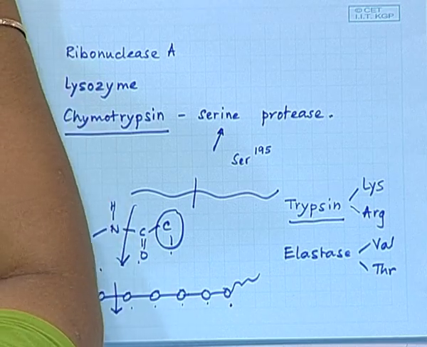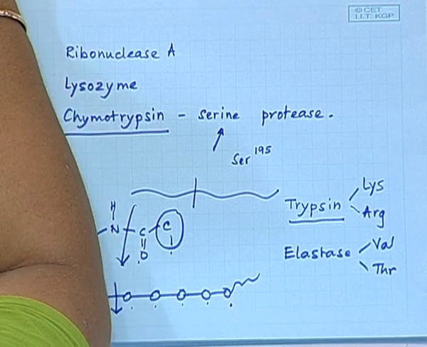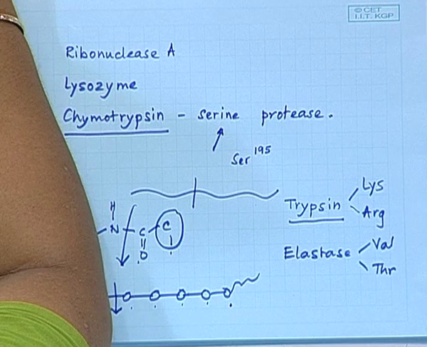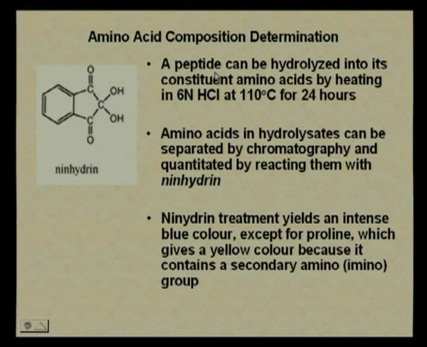So, if we want to look at the amino acid composition, okay, we can have a peptide. Now, a peptide can be hydrolyzed into amino acids by heating in 6 normal HCl at 110 degrees centigrade for 24 hours. What is going to happen is you are going to chop down everything, break it up into fragments completely, but this will not tell you in what order they are, right.